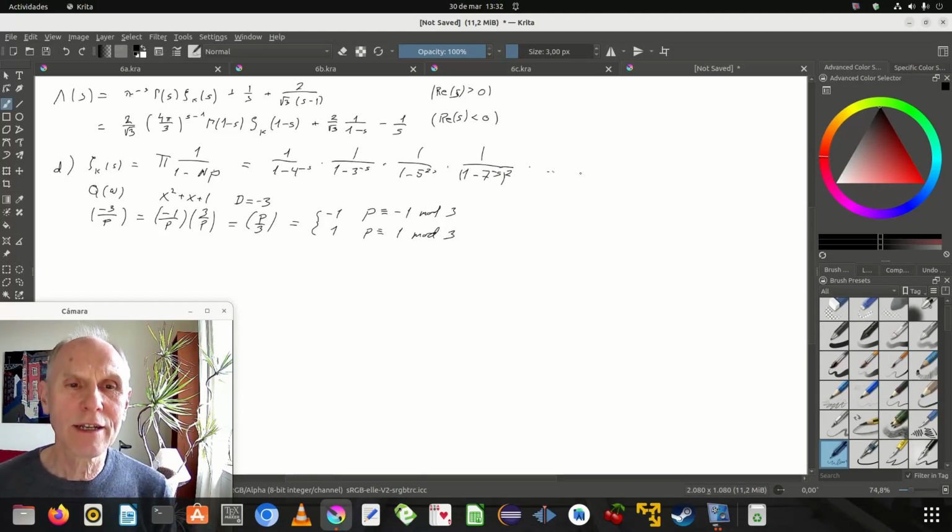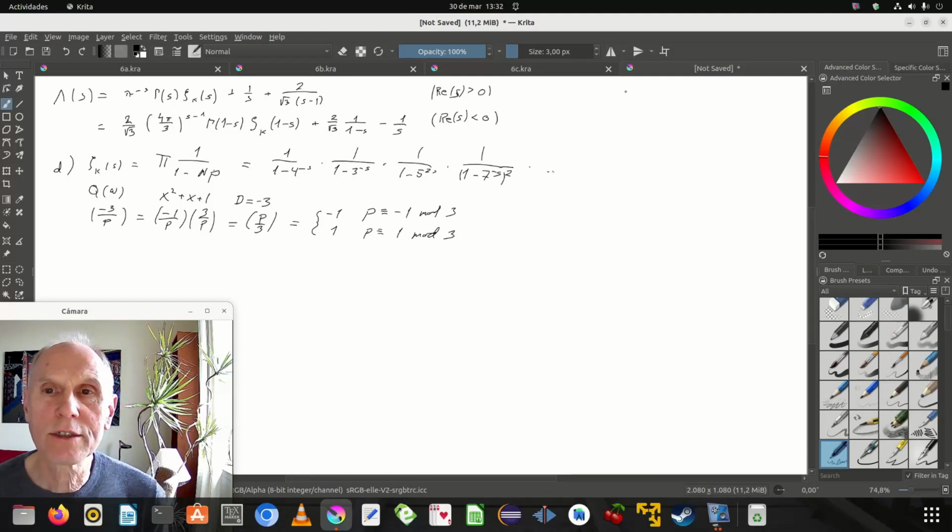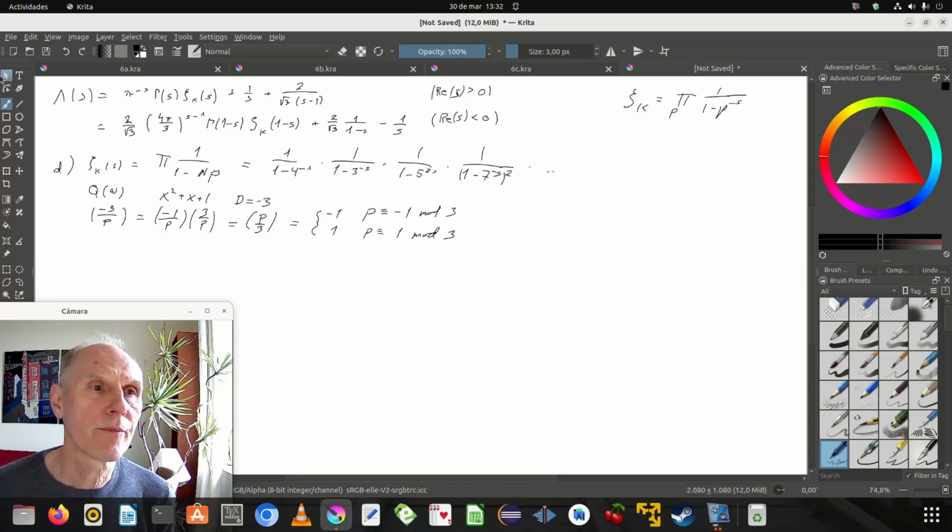And I got an idea here, which is to take the zeta function itself, which is the product over rational primes. We've got that in every factor, and then let's see what's left.